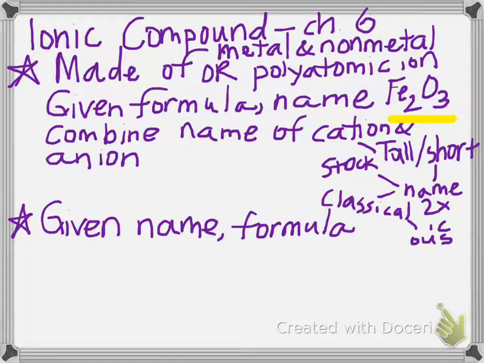Now remember, we have to figure out what that possible charge is. To do that, we look at our anion and we say, oh, oxygen has a charge of -2 on the periodic table because it's in group 6A, and there's 3 of them, so we have a -6 charge here, which means I have to have a positive 6 charge here for my iron, and there are 2 of them, so that means my iron has a +3 charge.